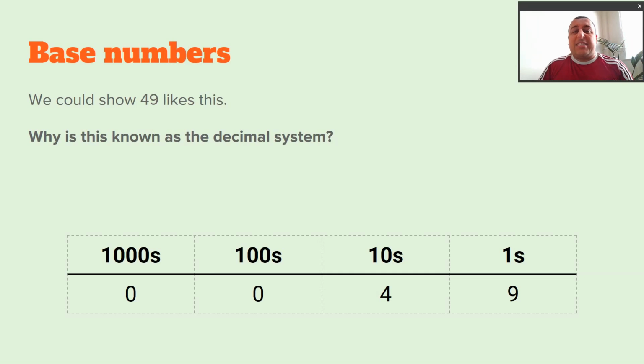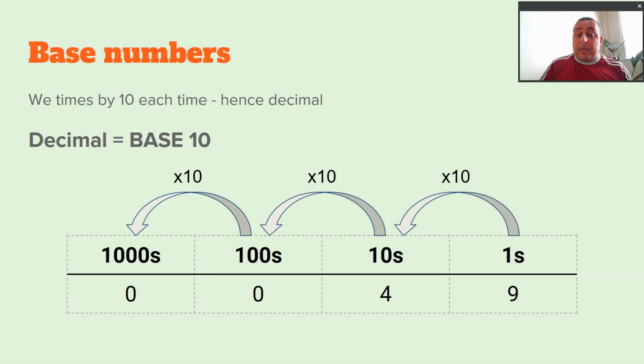So why is this known as the decimal system? Well, it's because each of those column headings goes up in tens. So we've got ones to tens to hundreds to thousands. So every time we go up to the next column, it is just timesing by 10.